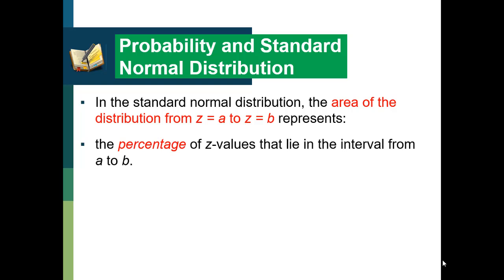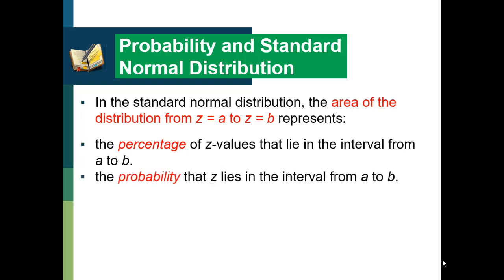First, it is the percentage of z values that lie in the interval from a to b, and we computed such a percentage earlier using the empirical rule. Another is the probability that the z value lies in the interval from a to b.